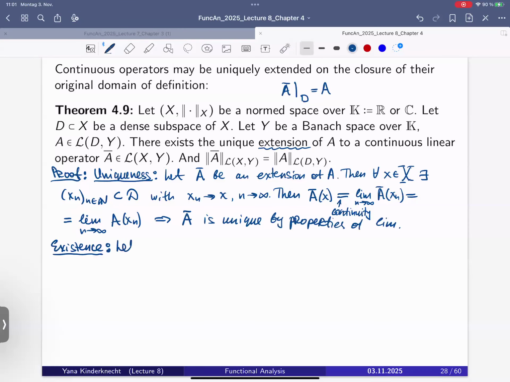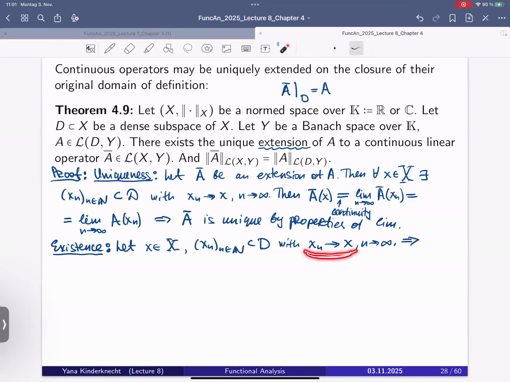Again, let x be a point in X, and let xn be an approximating sequence from D. If xn is a convergent sequence, then it is also a Cauchy sequence.